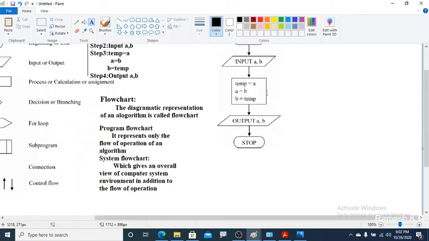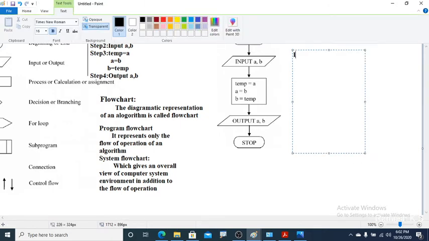So what is the importance of the flowchart? The first point is communication.